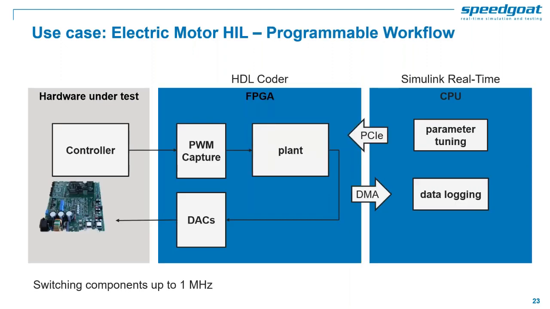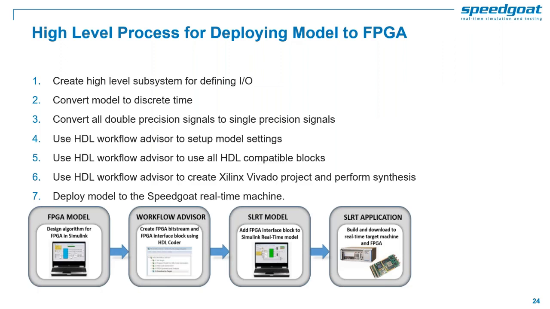Whereas if you need to do simulations at a faster rate, maybe up to 1 megahertz, we will make use of the FPGA boards available with Speedgoat, and then you can model the algorithms and directly deploy them onto the FPGA boards using the HDL Coder workflow. So this is one seamless solution for you.